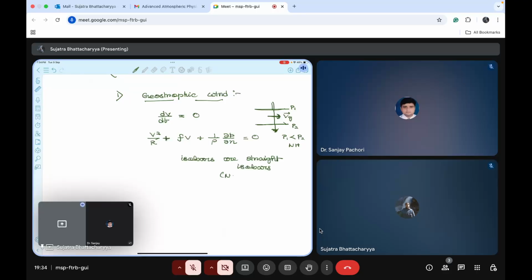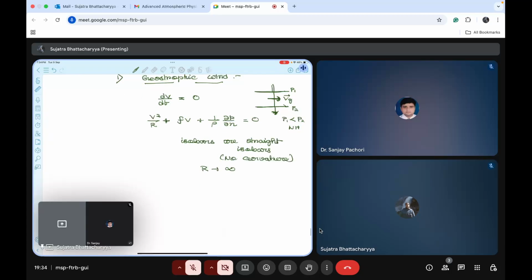If there is no curvature, then R will tend to infinity. There is no center from where you will find the radius of the curvature. So R tends to infinity, this term vanishes. If you have two straight lines, there is no circular motion, right? So how can centrifugal force come? It will not come. So only these two will be the balance.